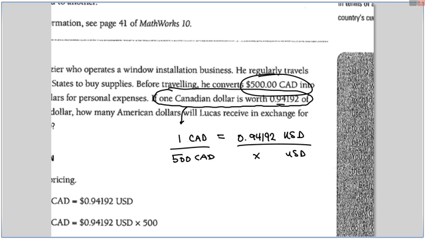When we cross multiply, always times the two numbers, divide the thing across X. So basically it's just 500 times the 0.94, and it should come out to less than 500. 470.96, and this is US dollars.